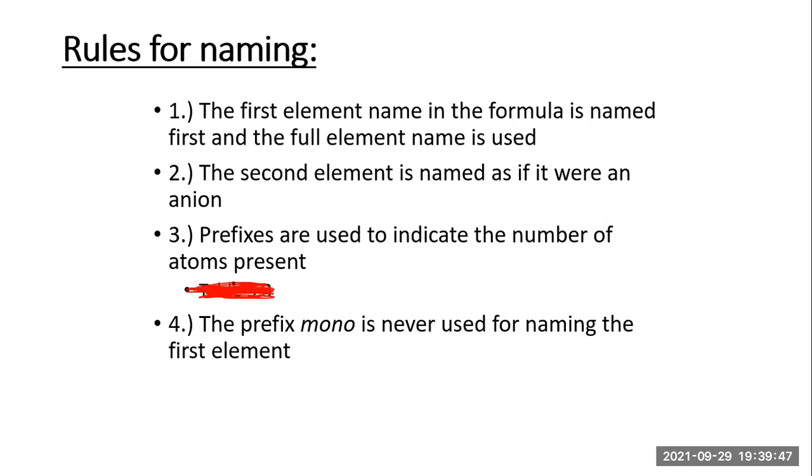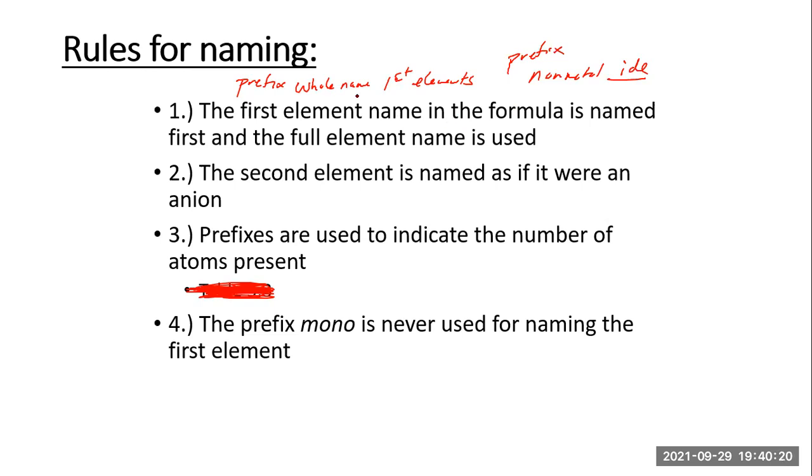So how do we go about naming these? Well, we use the whole name of the first element, and we do use the appropriate prefix with that. And then the second element gets the non-metal name with the IDE at the end of it, and also the appropriate prefix in front of it.